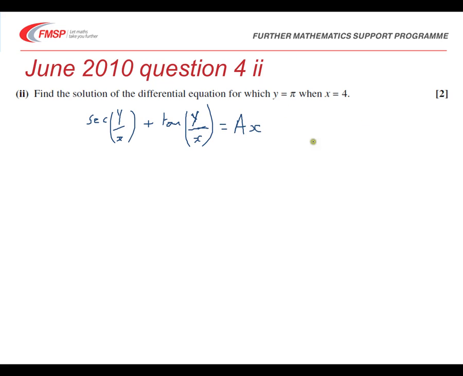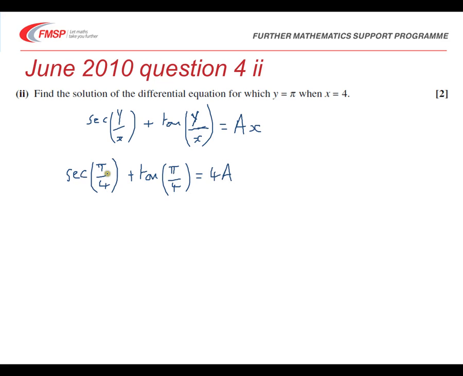And again, it's just a case of substituting in and solving here for the a. So I'm going to have sec of pi over 4 plus tan pi over 4 is equal to 4a.